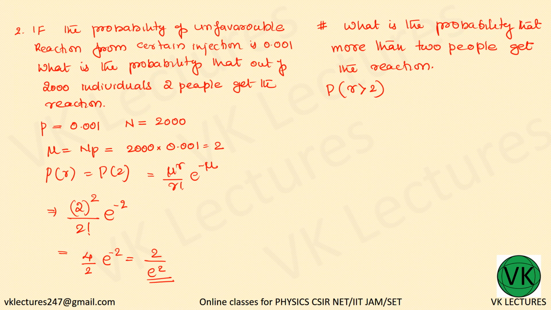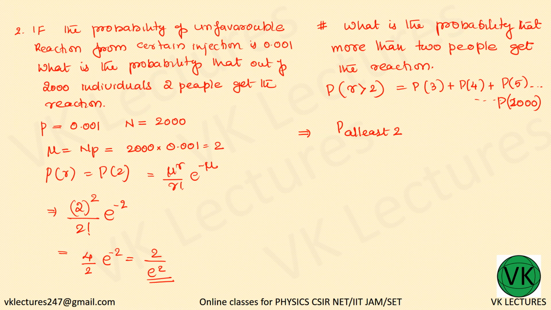So R should be greater than 2, which means P of 3 plus P of 4 plus P of 5, etc., up to how many? 2000 people, so P of 2000. When you add all this, you get more than 2 people getting the reaction. So this is just like P at least 2.